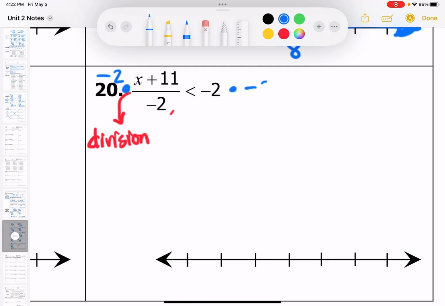So I'm going to multiply both sides by -2. Since I'm multiplying by a negative number, my inequality sign is going to flip to greater than. So I'm going to have x + 11 > 4 because -2 times -2 is 4.